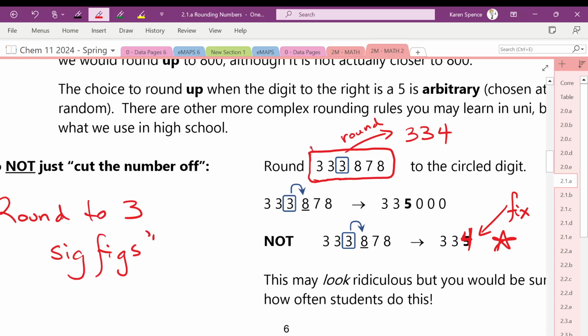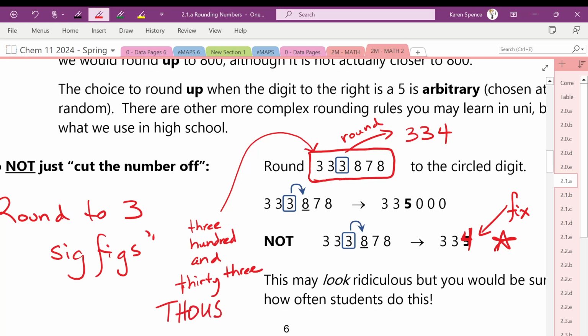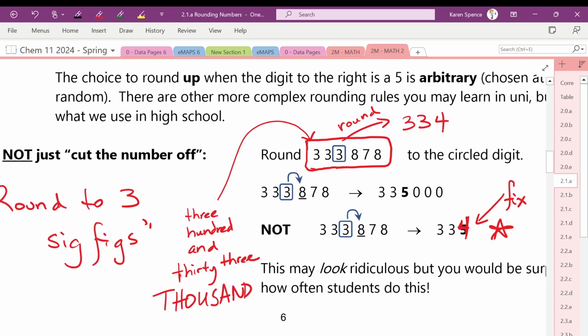How would you say this number out loud? Say it out loud to your friend, to your neighbors. This would be 333 what? 1,000. 878.